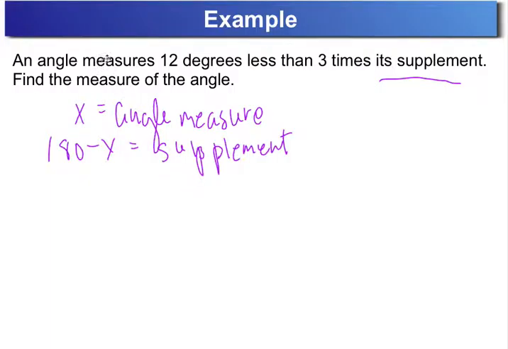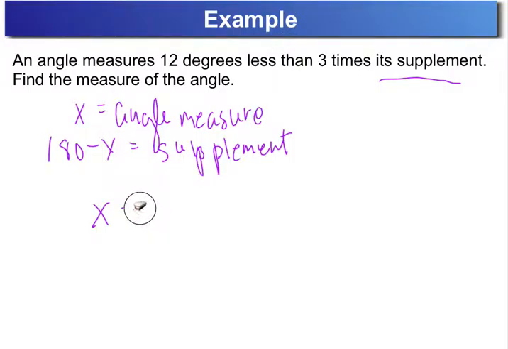Now I'm going to go back and read what it says and write an equation. An angle measures 12 degrees less than 3 times its supplement. Let's see, I have to redo this a little bit. Oops.